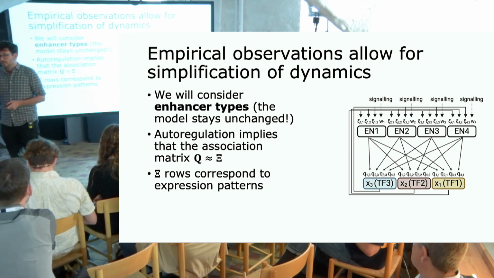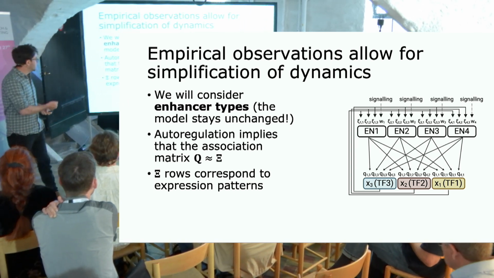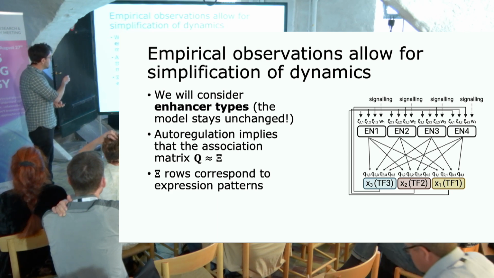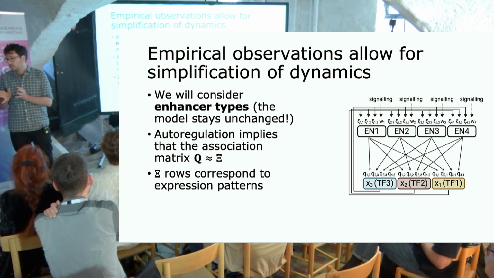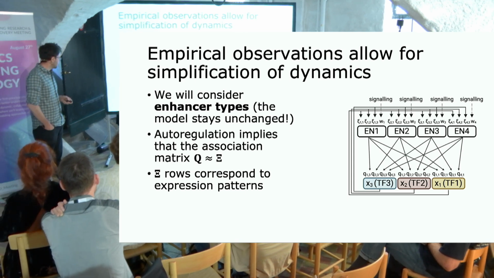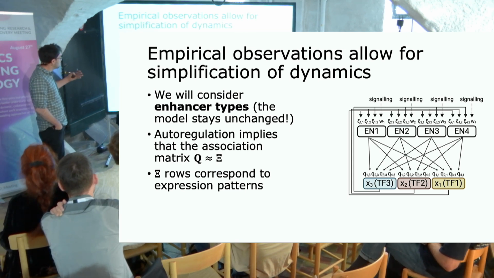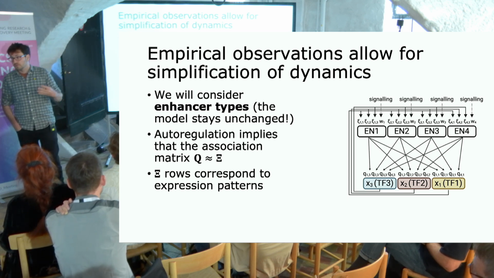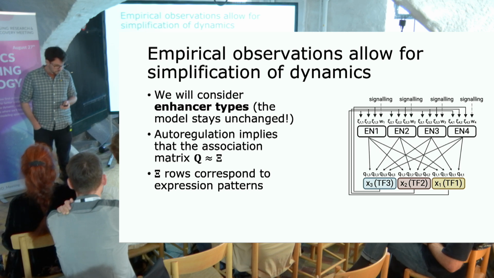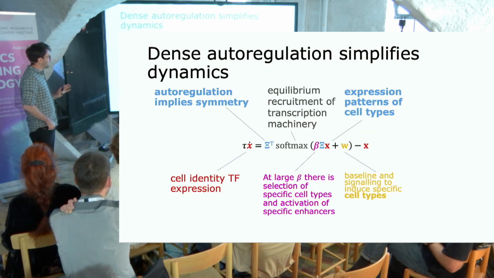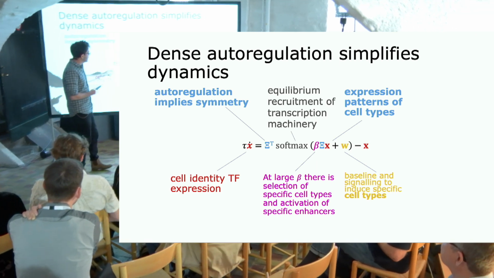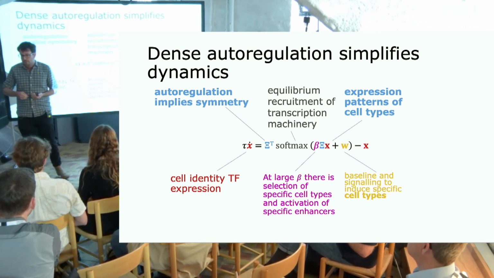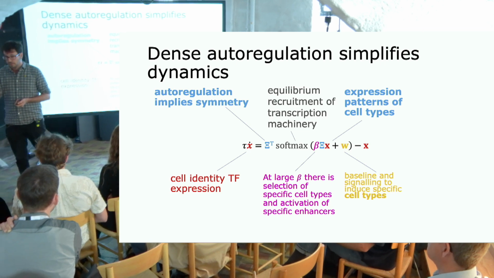So it's a very basic symmetry in the dynamics. Basically our Q and our Xi matrices are very similar to each other, and for the sake of this talk, we can assume they're basically the same, and it doesn't make any difference. Finally, the rows of Xi should correspond to the expression patterns of the transcription factors in the network. Okay, so we have a much more simplified model that you can mostly parameterize by only looking at the terminal cell states in the system.